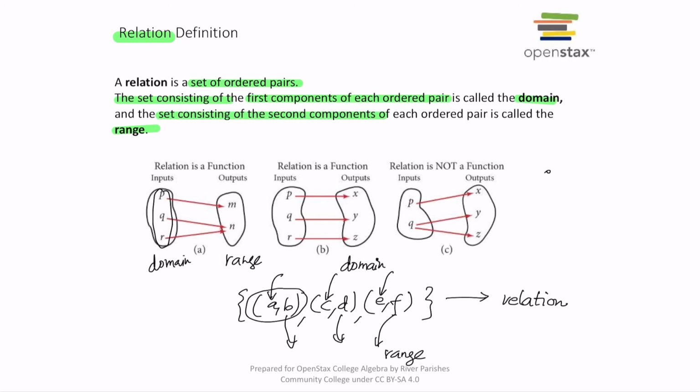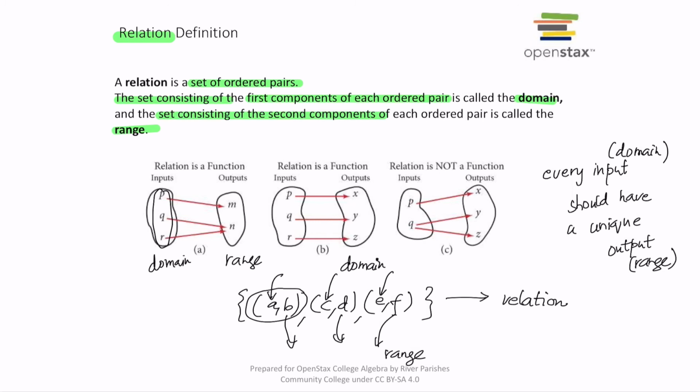Specifically, every input should have a unique output, or we can also write it as every domain value should have a unique range. We call this a function.